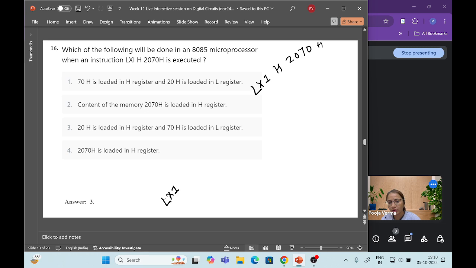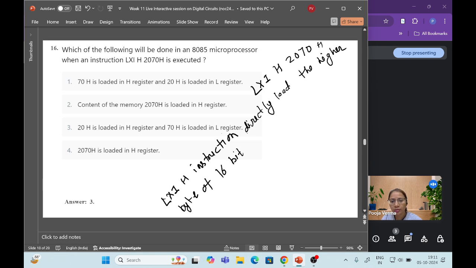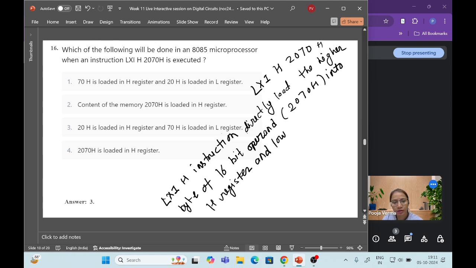The LXI H instruction directly loads the higher byte of the 16-bit operand, that is 2070H, into the H register and the lower byte into the L register, right?